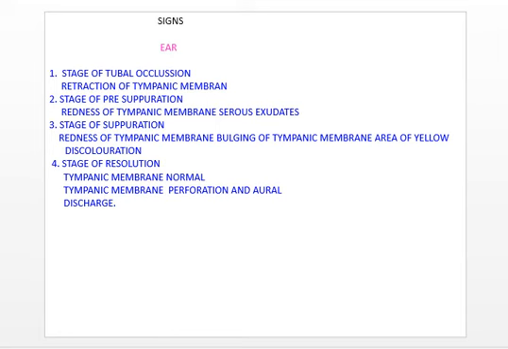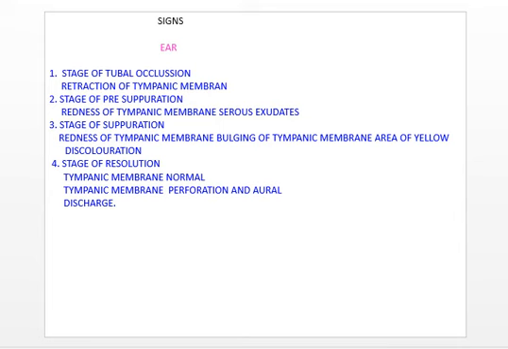Again, this temperature is more in children as compared to adults because of low resistance. And then on the tympanic membrane, a yellowish area starts forming. Yellowish discoloration appears on one spot of the tympanic membrane, and at this yellowish area, ultimately the tympanic membrane bursts open. Some of the books also call it a nipple stage.